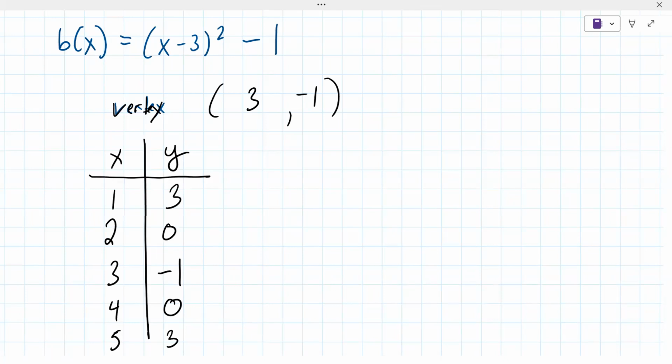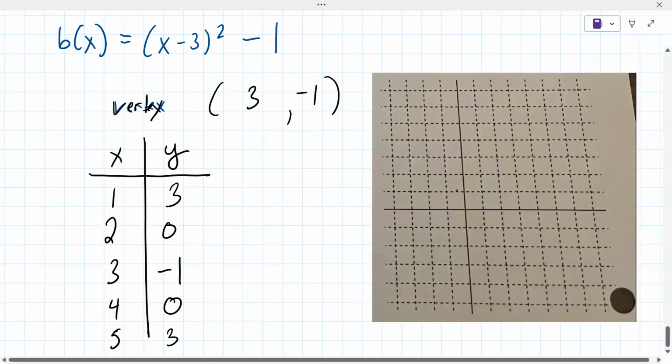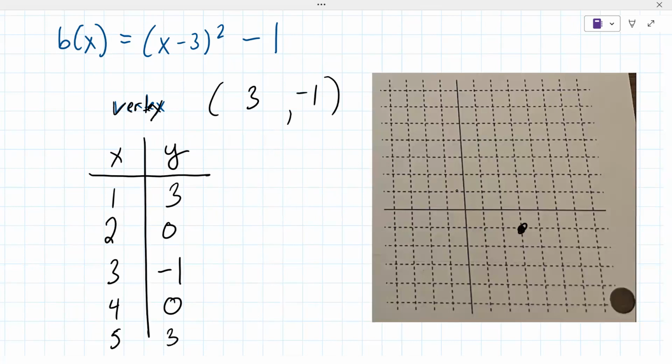So now you've got enough to graph this. Go ahead and graph it and then we'll compare results here. I always like to graph the vertex first, but it really doesn't matter. You should see the symmetry though.